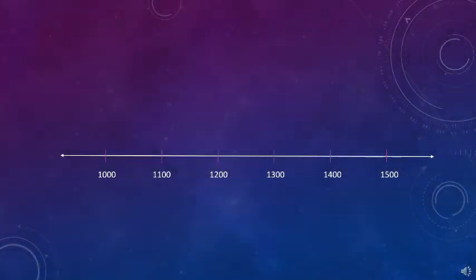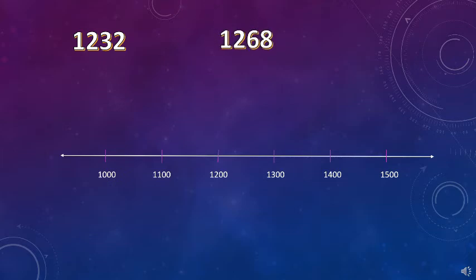Consider the numbers 1232, 1268 and 1250. It is clear that 1232 lies between 1200 and 1300. Also, observe that 1232 is nearer to 1200 than to 1300.